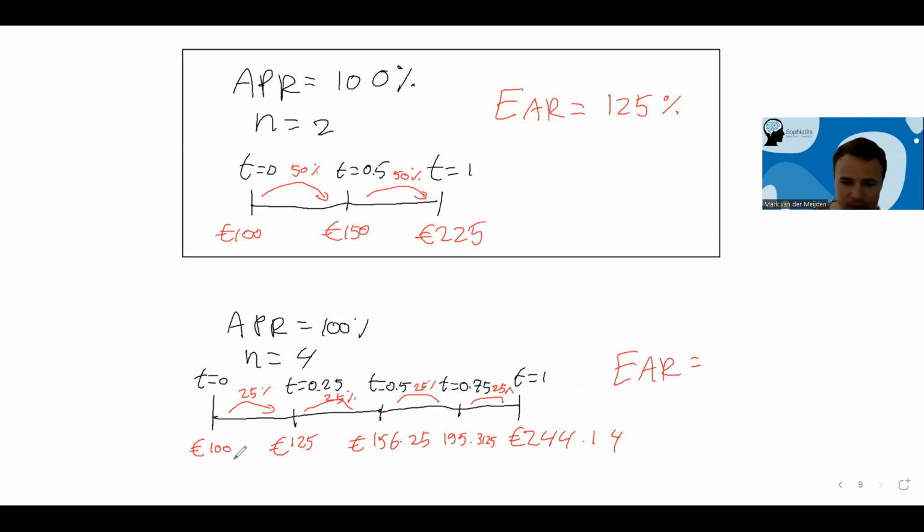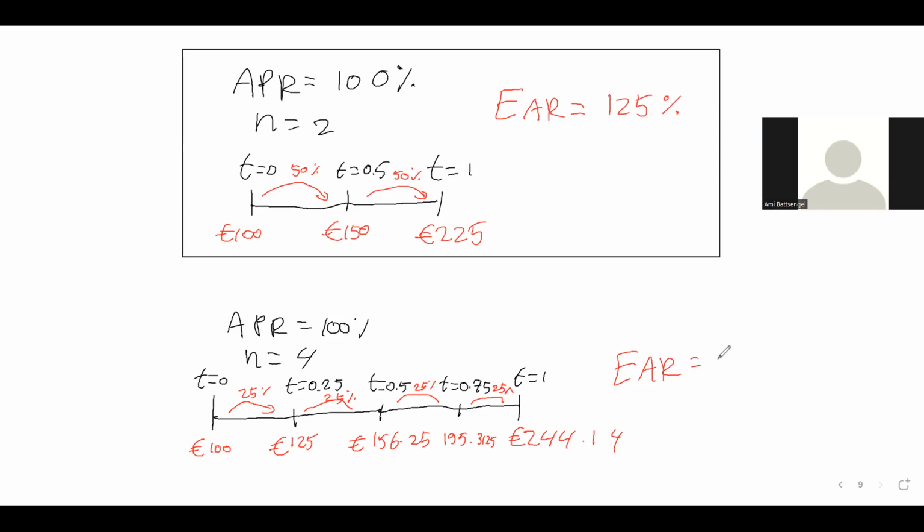I started with €100, but I end up with 244.14. And the effective annual rate was? 144.14%. Very good. And that's what it is.